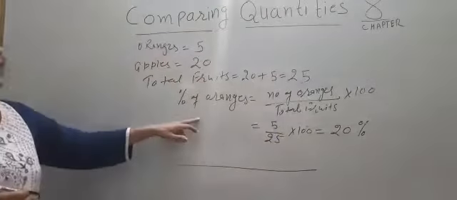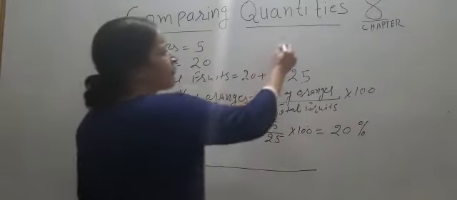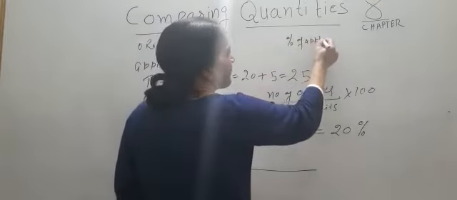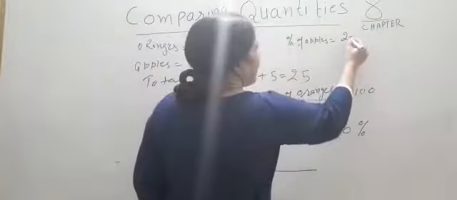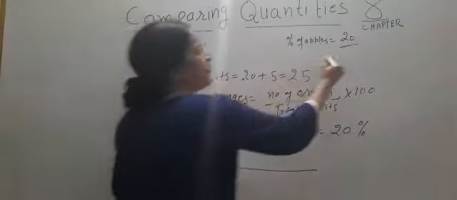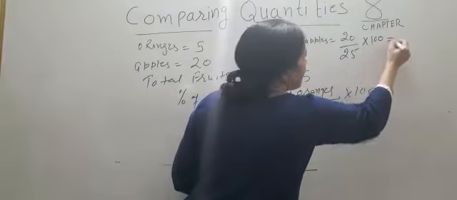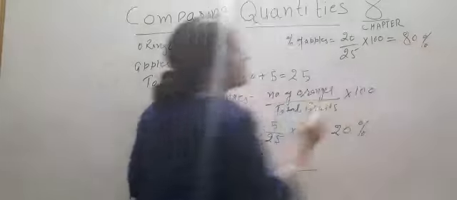And if we have to find the percentage of apples, how will we find it? Percentage of apples: number of apples 20, divided by total fruits 25, multiplied by 100. So it will be 25 fours are 100, 80%.